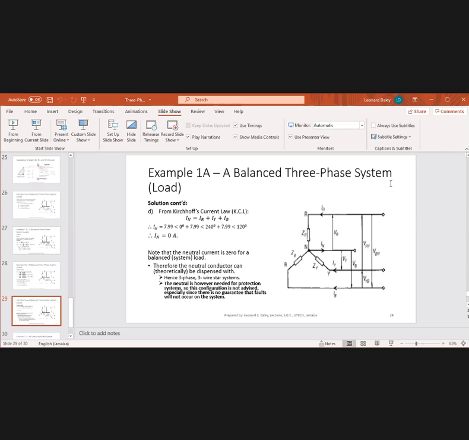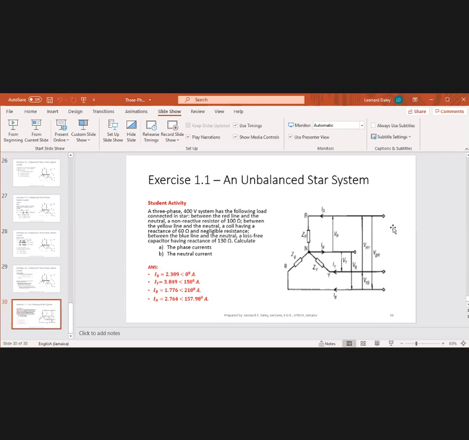If you imagine the source is on your right, currents are going to be coming from the source along the lines and travel through each of the phases, through the impedances which are in the phases.